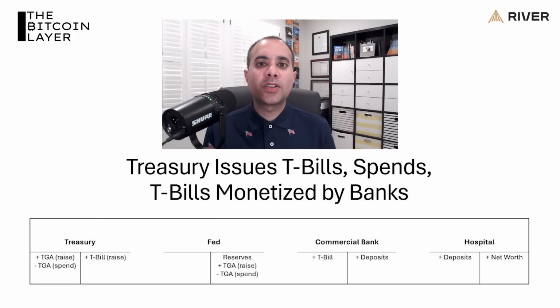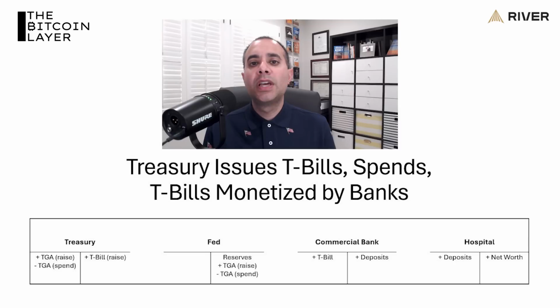Who does that spend go to? In this example, we are going to imagine that the spend is a Medicare reimbursement, and so it ends up as a deposit on the balance sheet of the hospital. So that's why you see the hospital now has a larger balance sheet because it received a brand new reimbursement payment from the government.